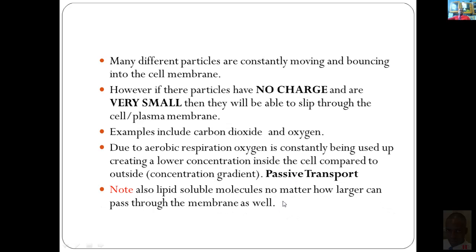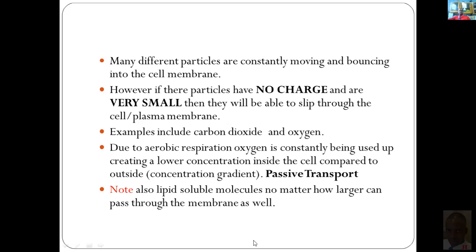Note also particles like water, they are very small and they do have a charge, but they can move through the phospholipid bilayer as well. Alright, so examples of particles that are small and have no charge and can move through the membrane include carbon dioxide and oxygen.